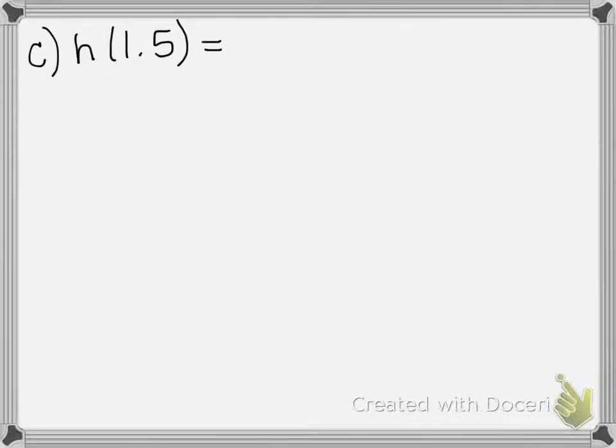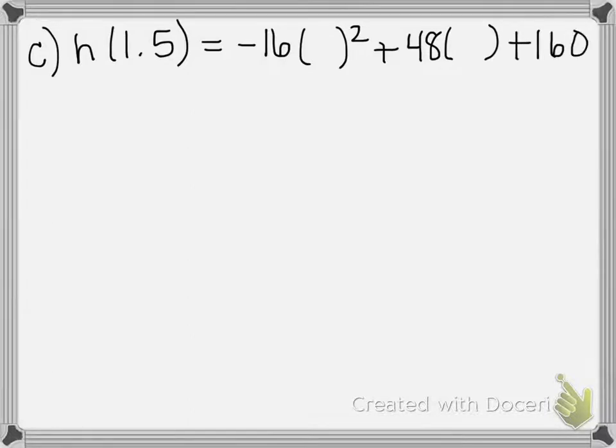So what I'm going to have here is negative 16, an empty set of parentheses for my t value, and then I'm going to square it, and then I'm going to have plus 48 times another empty set of parentheses, and then plus 160. And now I'm going to fill in that 1.5 everywhere I made an empty set of parentheses.